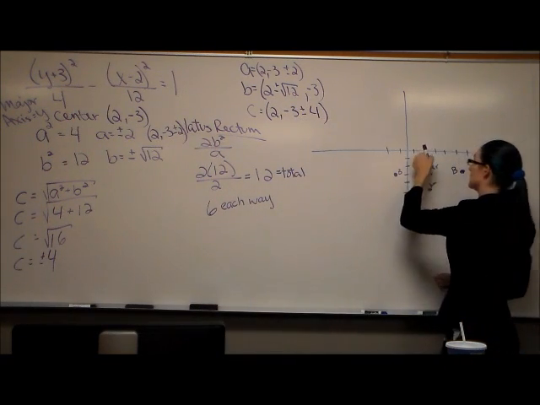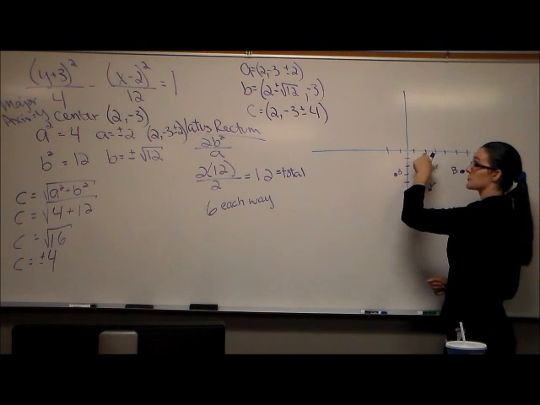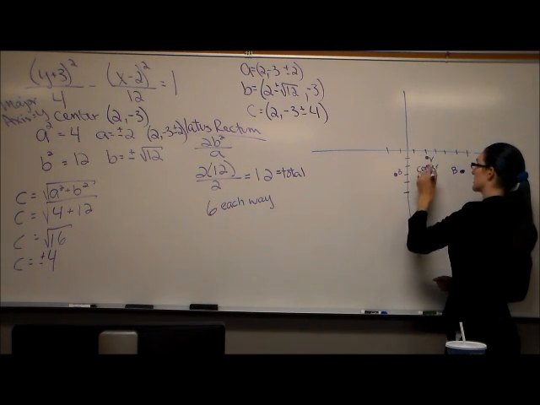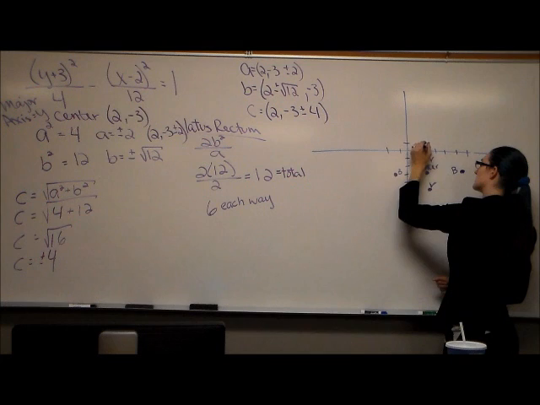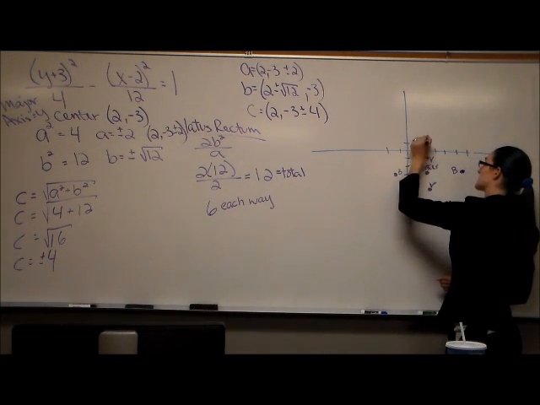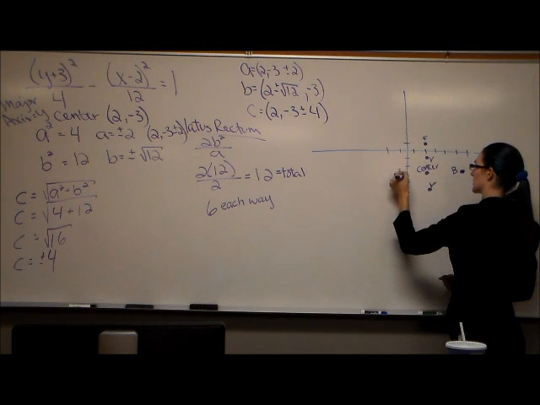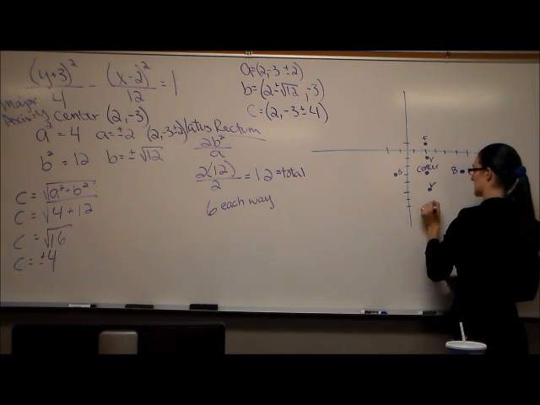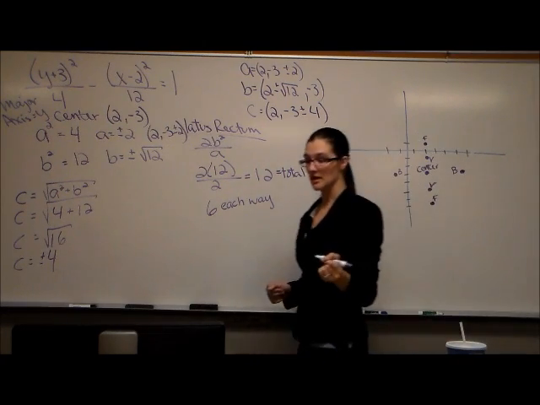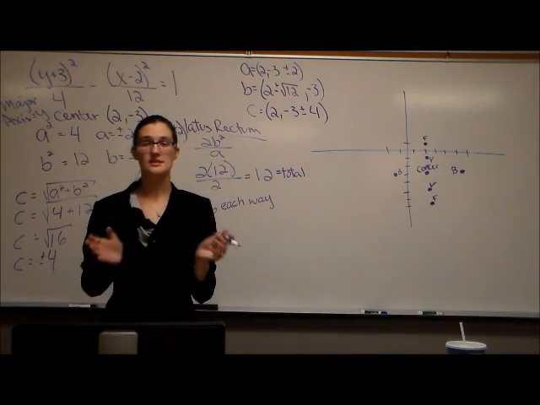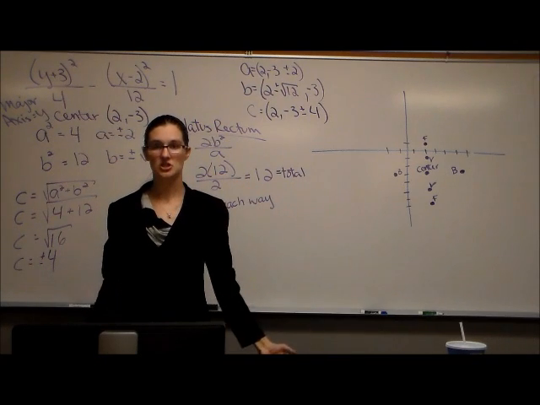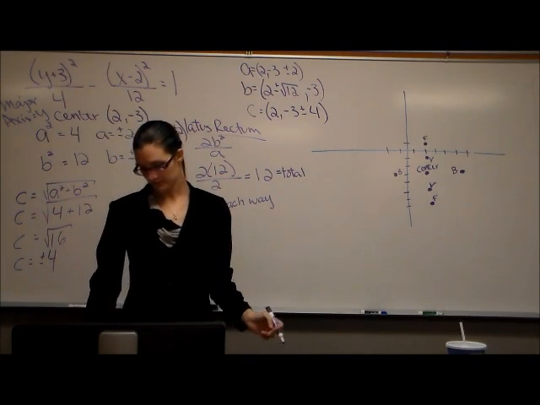So you're going to go 2, and then -3 plus 4 is +1. -3 minus 4 is -7. So that's your focus, one at the top, one at the bottom. Since our major axis is the y, it should go up and it should go down. Okay.